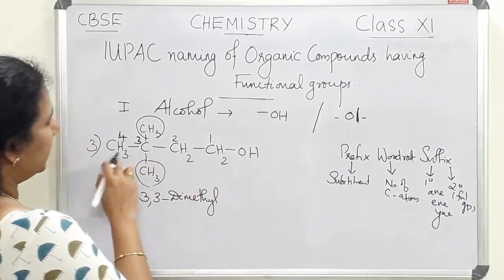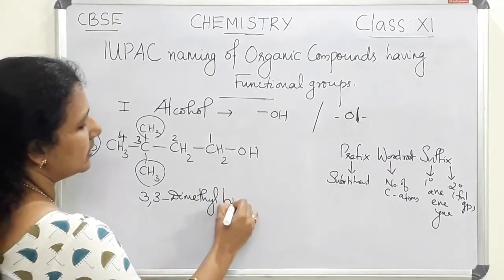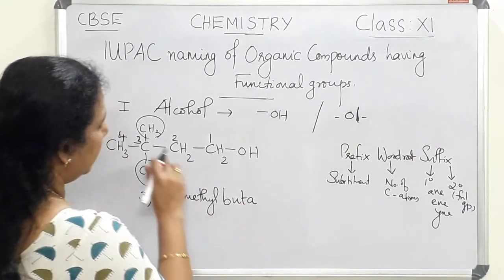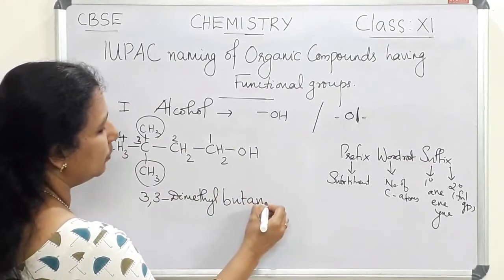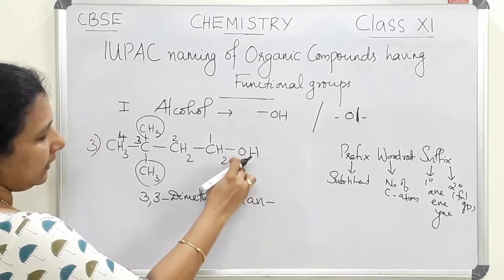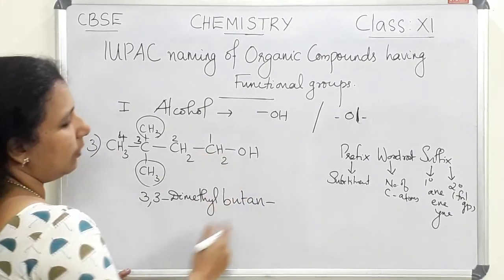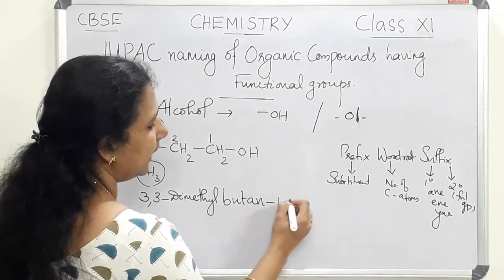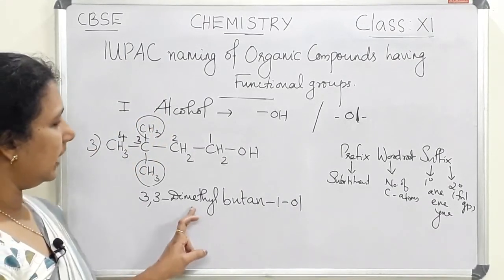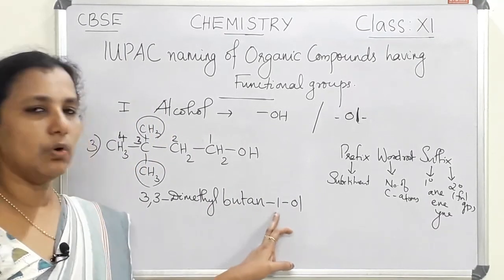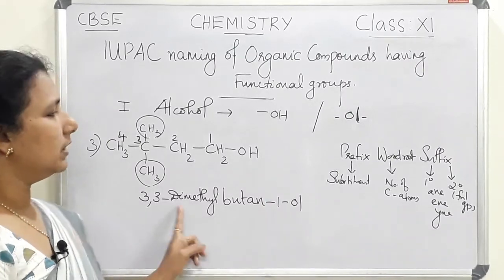There are 4 carbon atoms and a single bond between carbon atoms, so butane. And the OH group is in the first position, so it is butan-1-ol. So 3,3-dimethylbutan-1-ol is the IUPAC name of this compound.